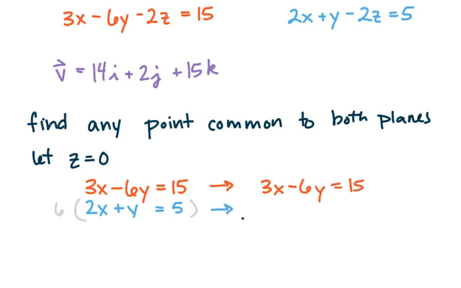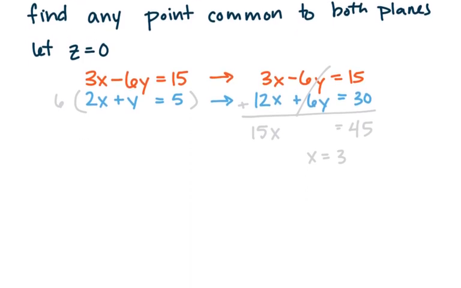The bottom equation for this plane becomes 12x plus 6y equals 30. Solving this system of linear equations, I've got 15x, the y's cancel, equals 45, or rather x equals 3. And if I know x equals 3, I can use either of my original equations.